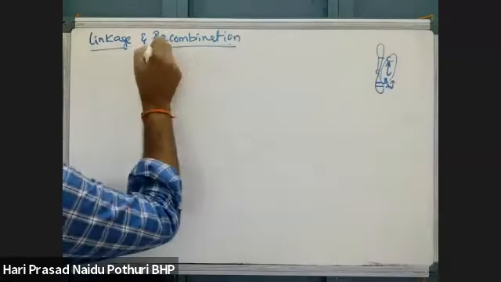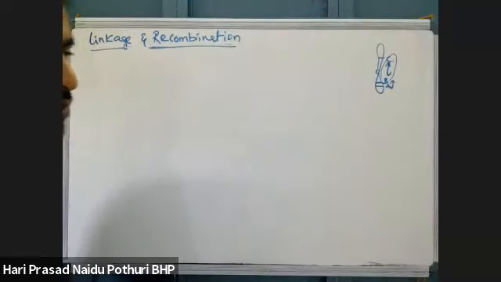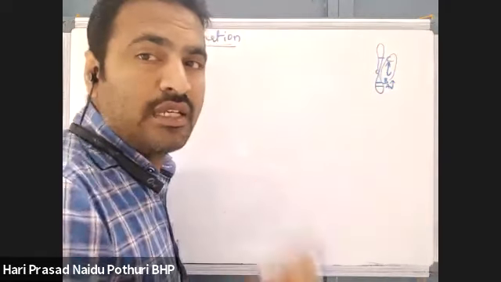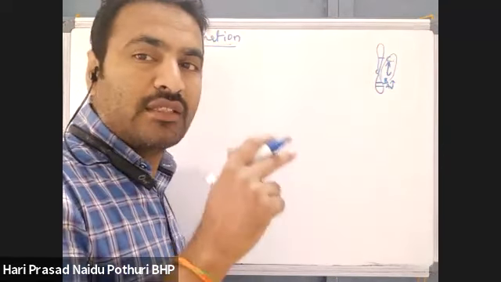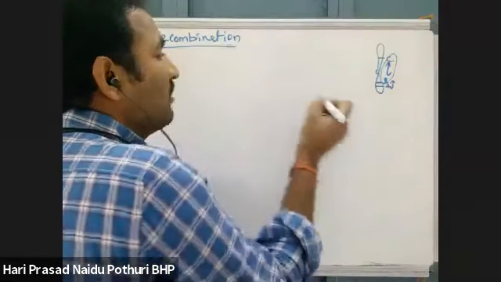Linkage and recombination are applicable to two genes present on a chromosome. For a single gene, we can't say whether it is linked or recombined. For expression of characters by two genes, we can talk about linkage and recombination.